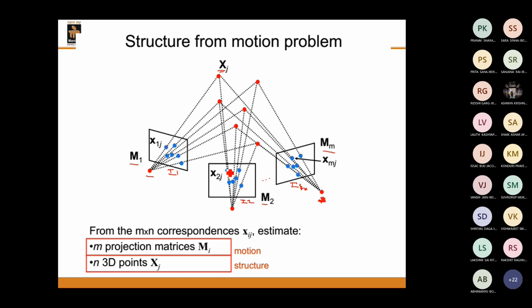Similarly, in the second image you have another point over here, which is the image of this particular point itself, and let's say this point is given by x21, because it is the image of this capital X1. And let's say here you have another point xmj, in this case xm1, which is again the image of this same point here.